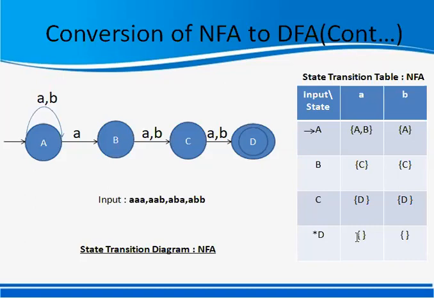So we have written here an empty set. Now from state D on input small b, also, there is no transition available. So we have written here empty set.